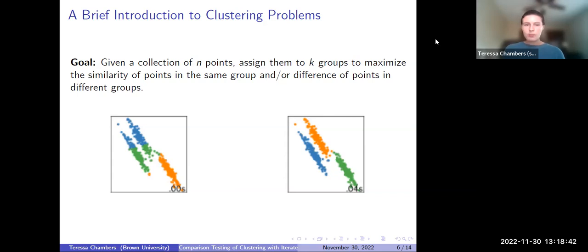One of the other problems is what I'm trying to represent with these two figures here, which is that the notion of maximizing similarity of points in the same group can be done in very different ways depending on how you're quantifying similarity. So this is an example. This data set has been clustered using two different very commonly used computer algorithms. This one on the left is the result of k-means, and this one on the right is the result of spectral clustering.